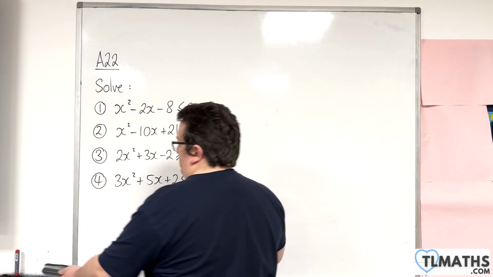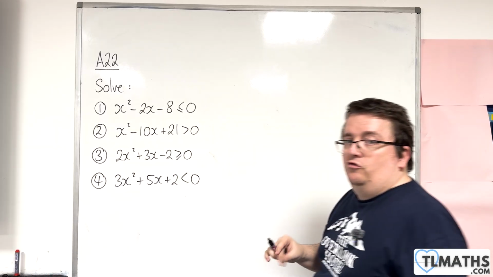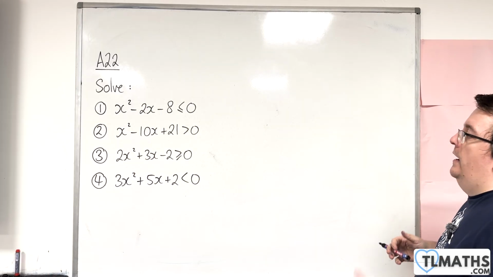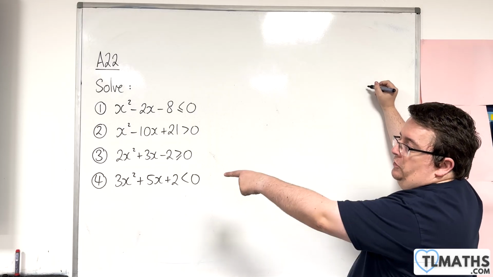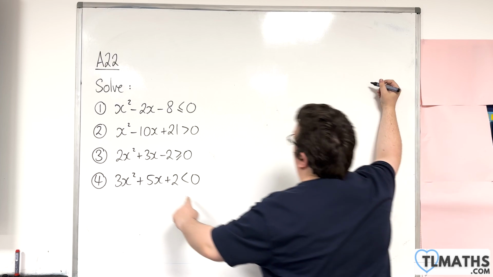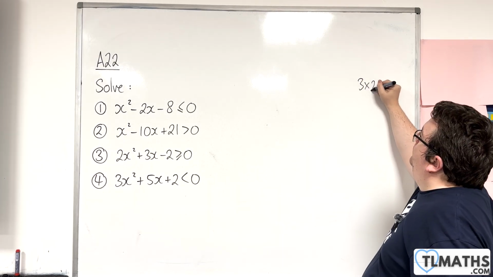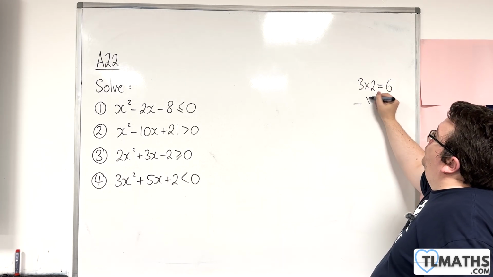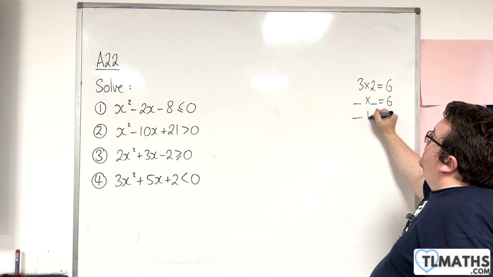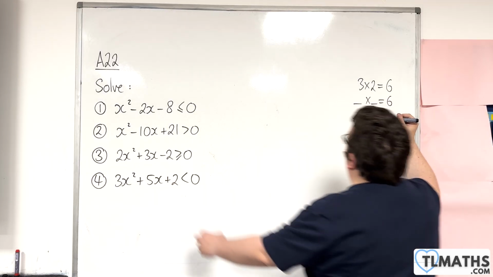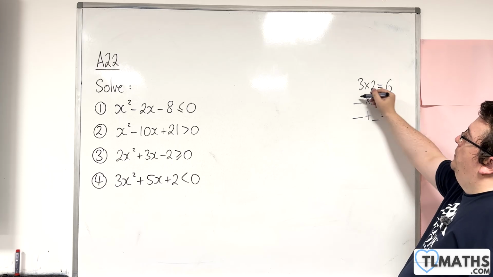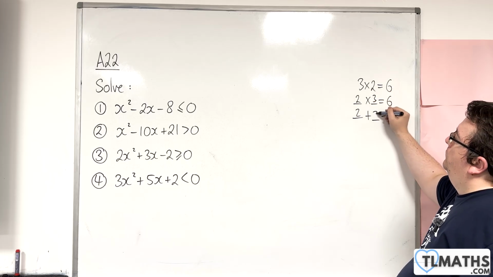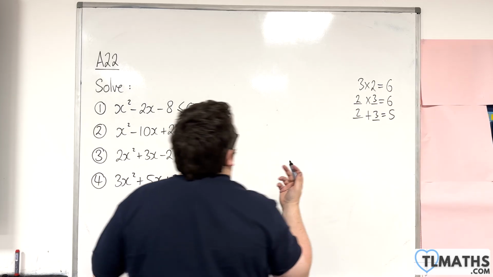Right, last one. Again, if you can factorise it quickly, great. If you struggle with that, then we're going to do 3 times 2 is 6. So you want two numbers that multiply together to make 6, but add together to make 5. That would be 2 and 3, or 3 and 2, doesn't matter.